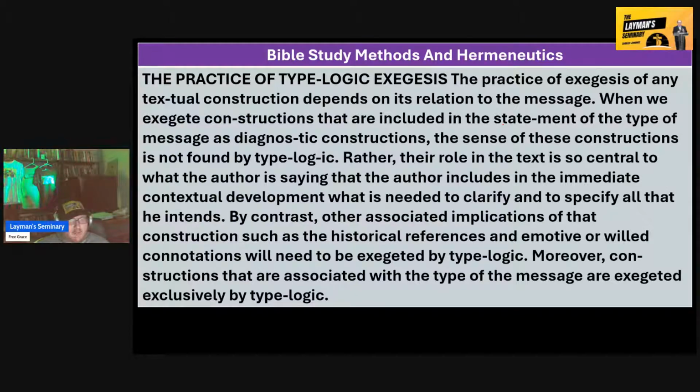Rather, their role in the text is so central to what the author is saying that the author includes in immediate contextual development what is needed to clarify and to specify all that he intends. By contrast, other associated implications of that construction, such as the historical references and emotive or willed connotations, will need to be exegeted by type logic. Moreover, constructions that are associated with the type of the message are exegeted exclusively by type logic.